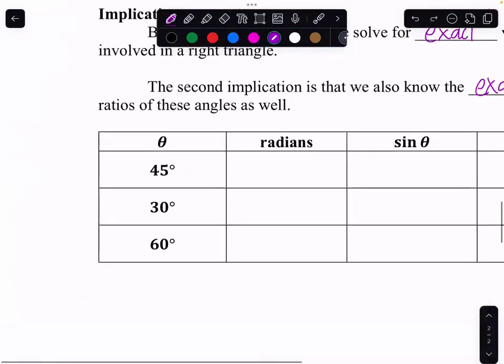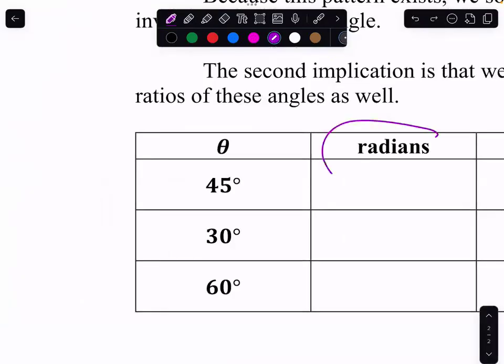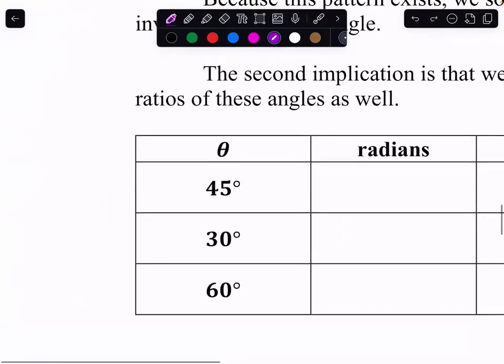Well, let's start with the 45 degrees. First, let's just convert this back to radians. Again, the one thing I encourage you to memorize is that a full circle is either 360 degrees or 2 pi radians. If you just remember that, you can figure out all the other stuff. So how do we get from here to 45? Maybe you want to start by dividing by 4.